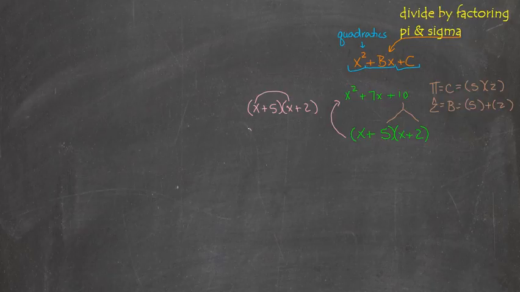So x times x is x squared. Good start. x times 2 is plus 2x. x times 5 is plus 5x. And then 5 times 2 is plus 10. So I can combine these two like terms: x squared plus 7x plus 10, and that's exactly where I started, so I know that these are indeed the factors of that polynomial.